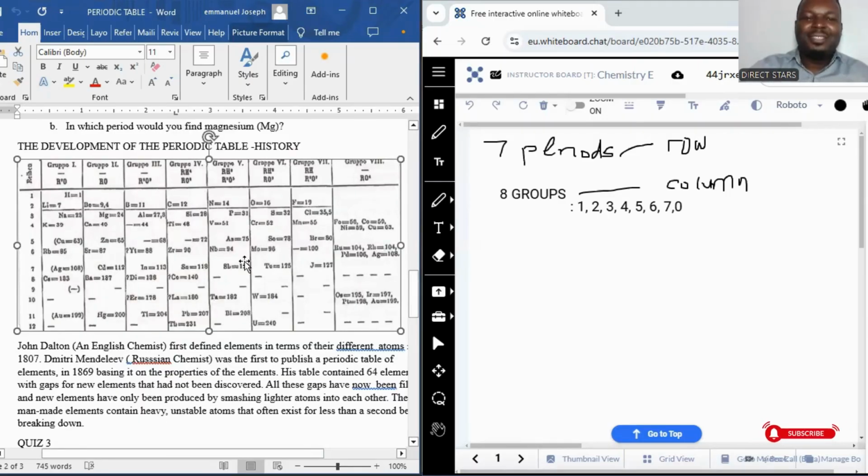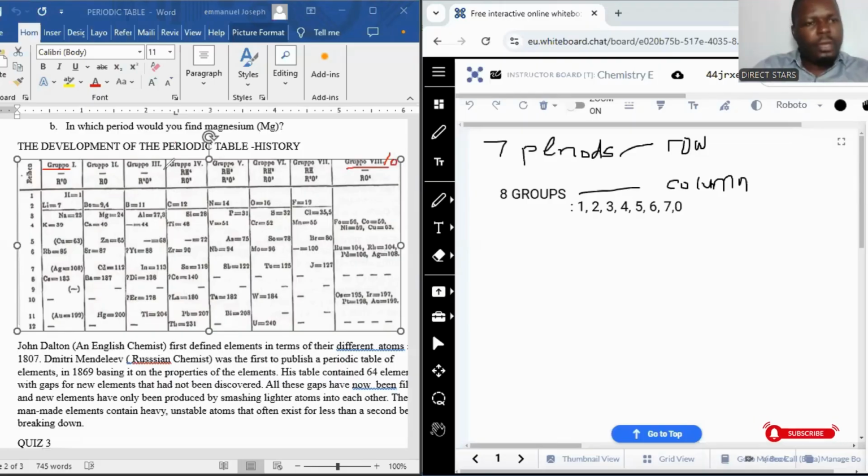If you notice this periodic table, you will see that he also observed 8 groups, from group 1 up to group 8. Take note, group 8 is also known as group 0. We use that interchangeably.